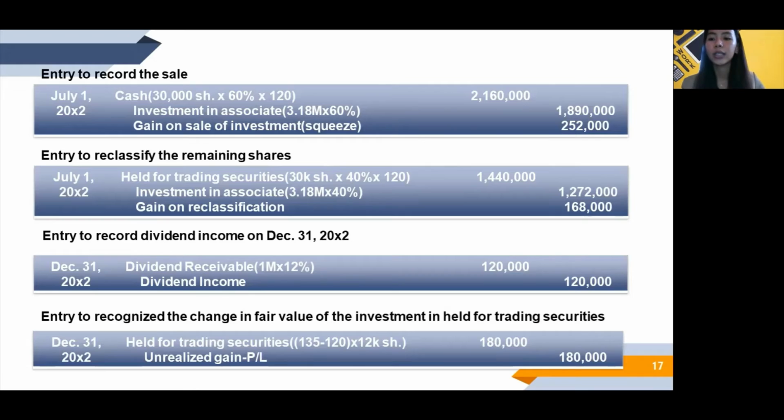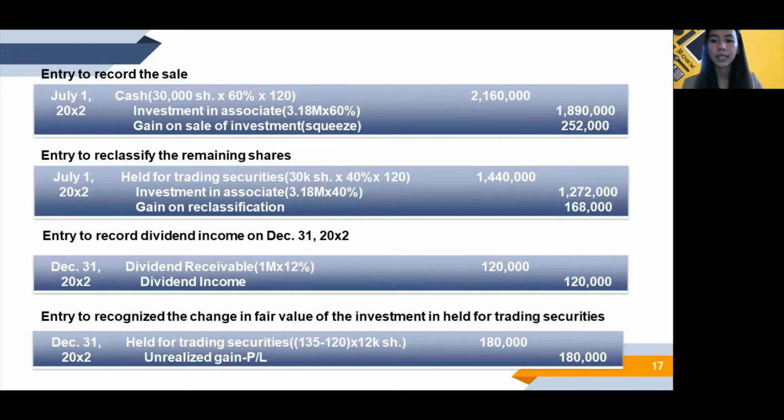Then we credit investment in associate of 1,272,000, which we got by multiplying the 40% unsold portion by the carrying amount earlier of 3,180,000. The difference, when we squeeze it, is a credit to gain on reclassification of 168,000. Take note again that the gain on reclassification is recognized in profit or loss.